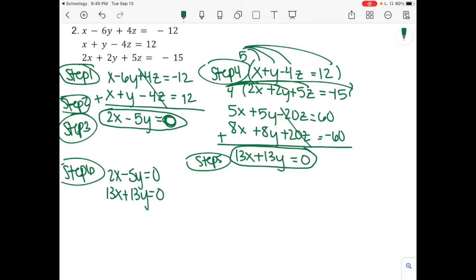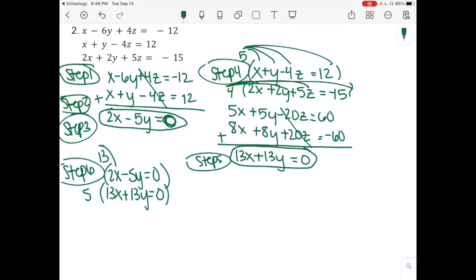So here we are now going to eliminate one of the variables. So that is still step 6. So I'm going to just get rid of the y's, I guess. So I'm going to multiply this by 13 and this by 5.